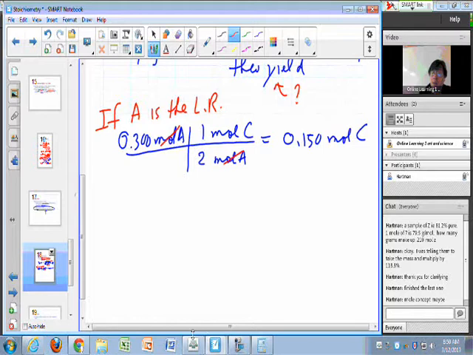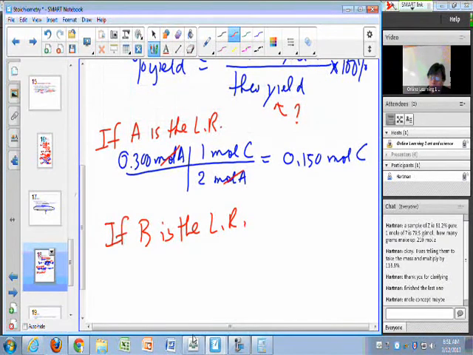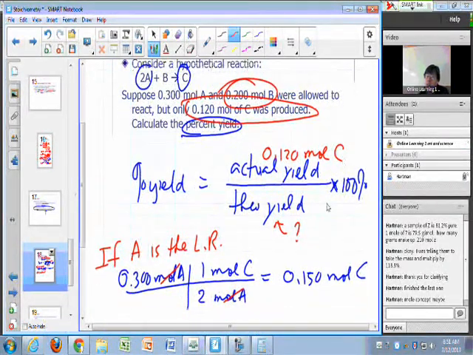What if B is the limiting reactant? Then you're going to say, how many moles of B do you have? 0.2 moles of B is the amount you start with.